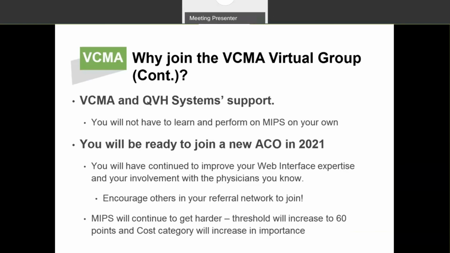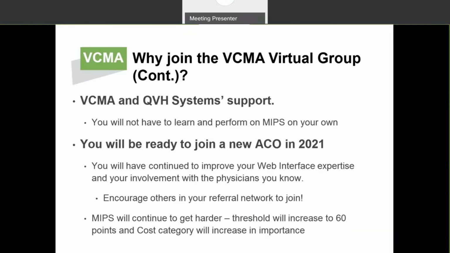And finally, remember that MIPS is just getting harder and harder. And we'll talk about that some today, but by next year, by 2021, the threshold will have increased to at least 60 points. That means you'll have to get 60 points just to avoid a penalty. And obviously, the cost category is also increasing in importance.